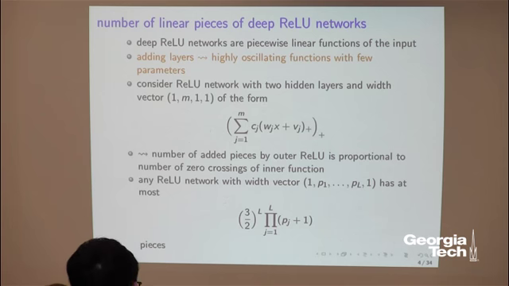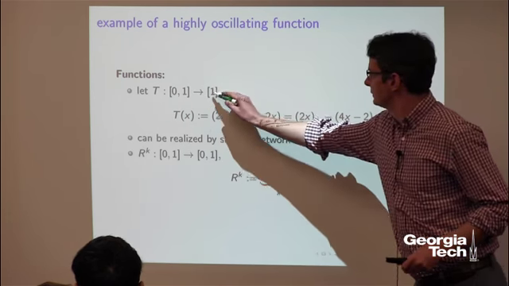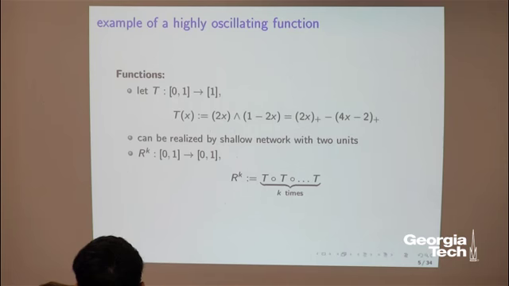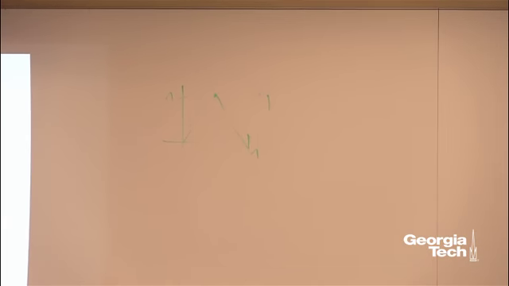Now you can say, well, maybe this is a bad upper bound, and so you also have to show that there's a lower bound. That's a construction that we will use later again, and therefore it's nice to introduce it here. The construction is as follows. You take a function T on the interval 0, 1, and T just does that.